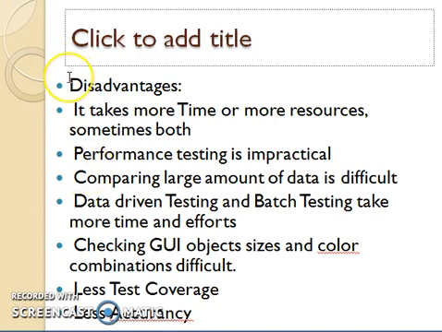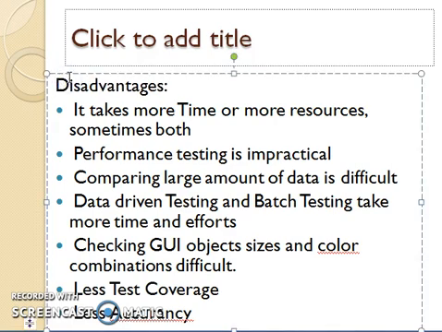Now we'll discuss the disadvantages of manual testing. It takes more time or more resources, sometimes both. Performance testing is impractical, it is not possible using manual testing. Comparing a large amount of data is difficult. Comparing data in a database, if there are 10,000 records, is very difficult, but if it is a tool, then it is very fast.